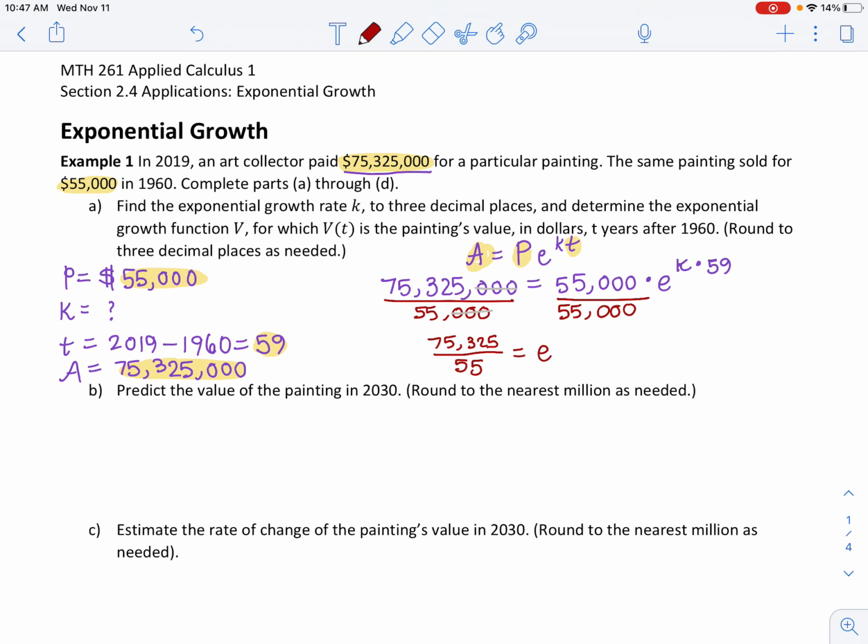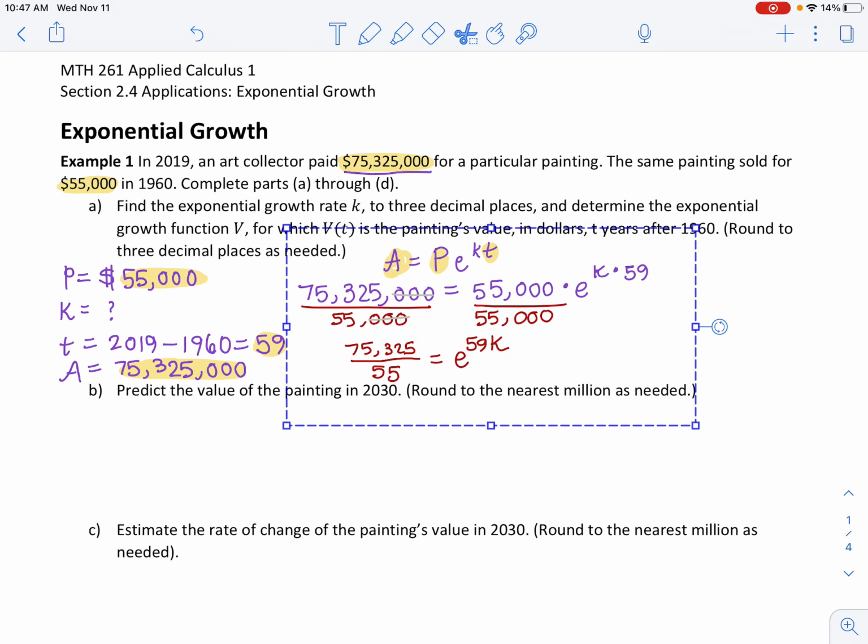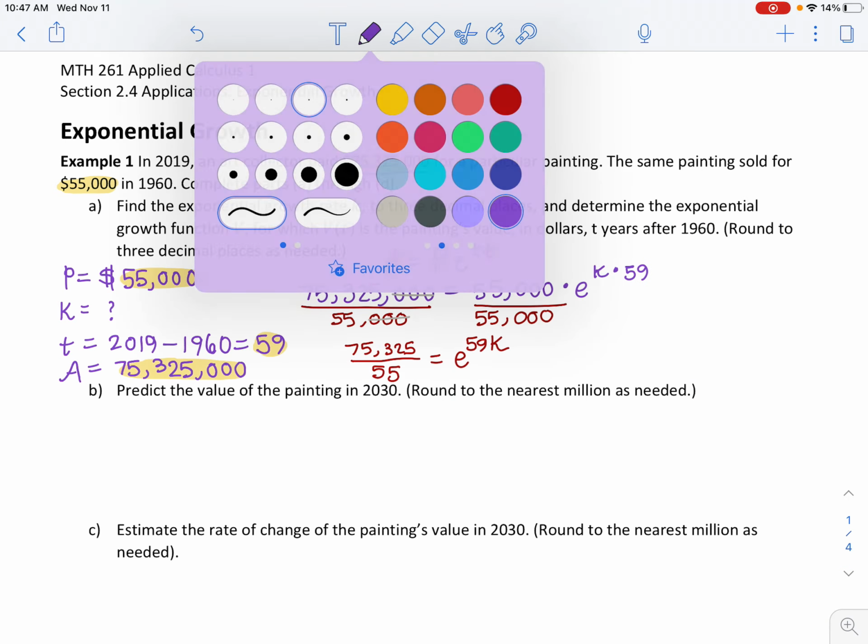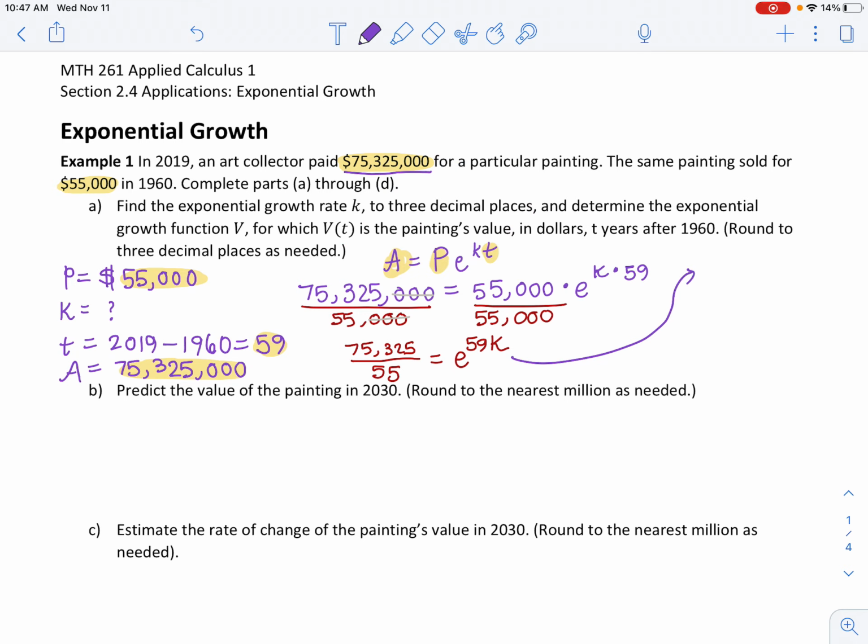And the right side will be e raised to the 59 times k. Let's solve this by taking natural log of both sides. If I take natural log of both sides, I will get natural log of that fraction, 75,325 over 55.